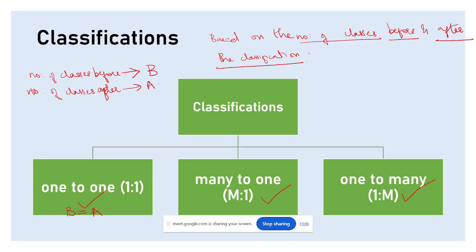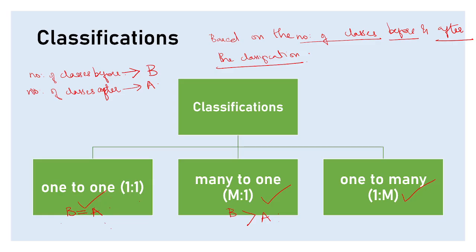Then when you come to many to one, many to one is when the number of classes before is greater than the number of classes after. So B is greater than A. Just remember it like this, before, after. So if it is equal, we call it one-to-one classification.